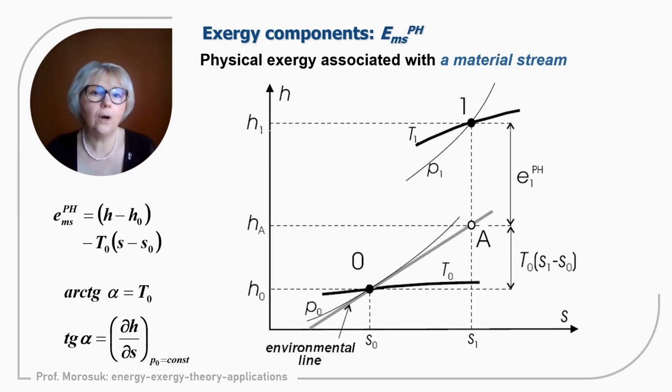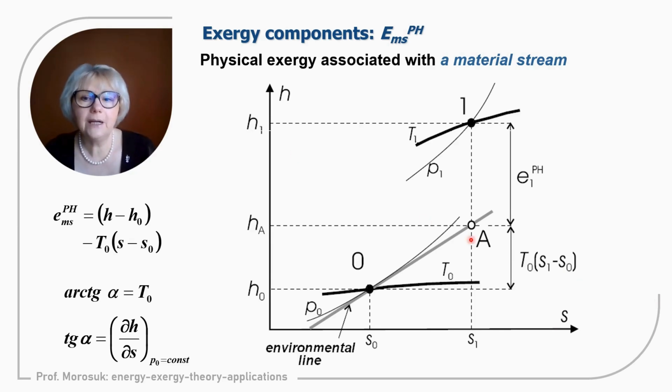And now a few approaches to calculate and describe physical exergy. This is the enthalpy-entropy thermodynamic diagram, one of the thermodynamic diagrams proposed by Richard Mollier at the beginning of the 20th century, just to help engineers make very fast calculations and simultaneously have visualization.